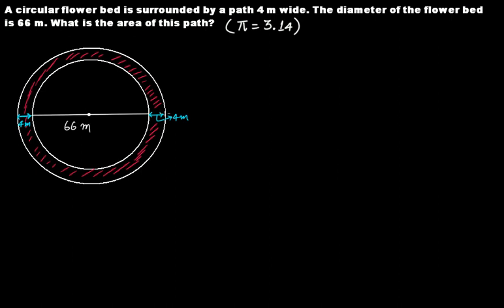Though the path is only this much, it's actually making a circle, and the center will be the same, right? So the diameter of the larger circle is 4 plus 66 plus 4, that is 74 meter.